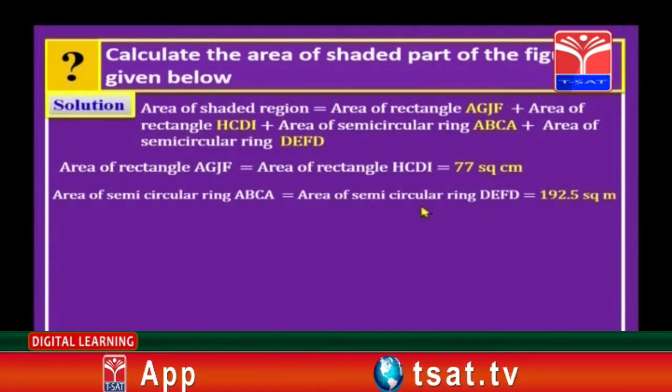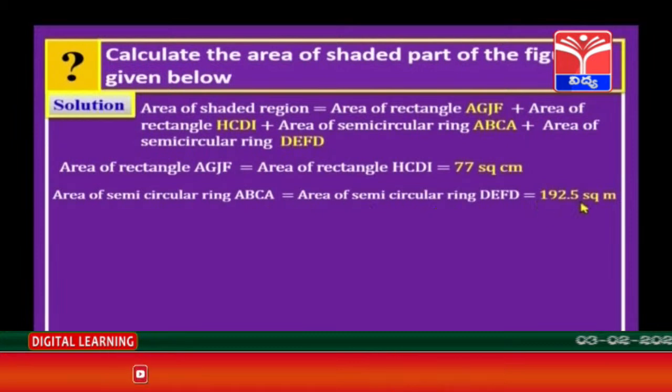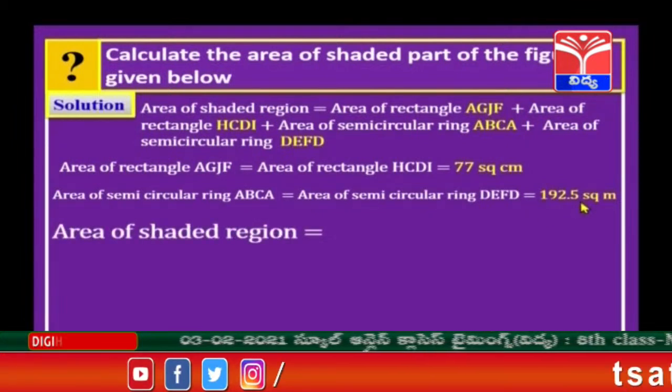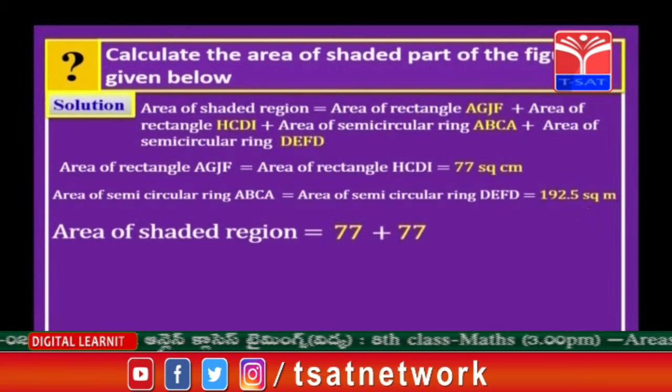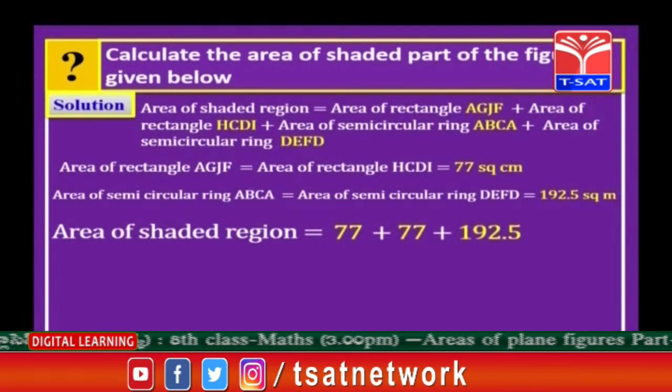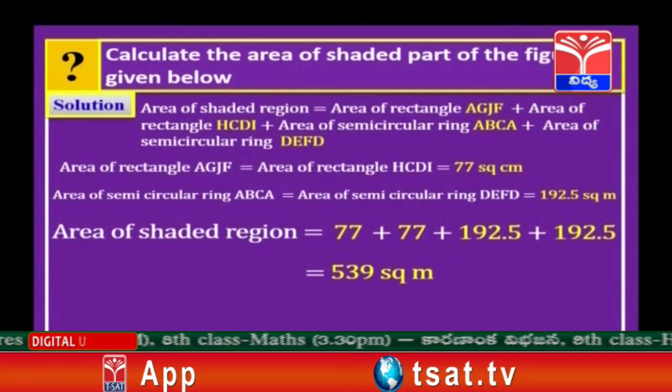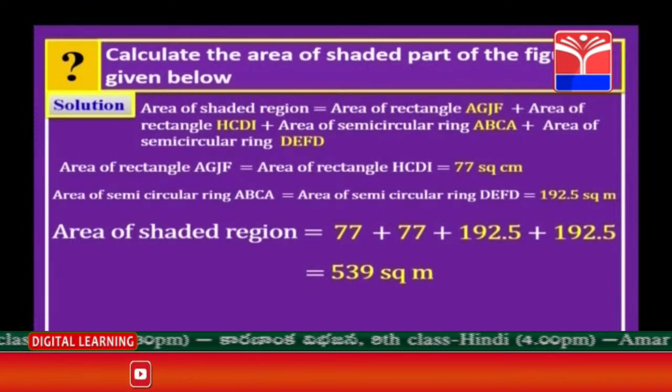Therefore the other semicircular ring also has the same area of 192.5 square meters. Therefore the area of the shaded region is 77 plus 192.5 plus 192.5. So we can say the area of the shaded region is 539 square meters.